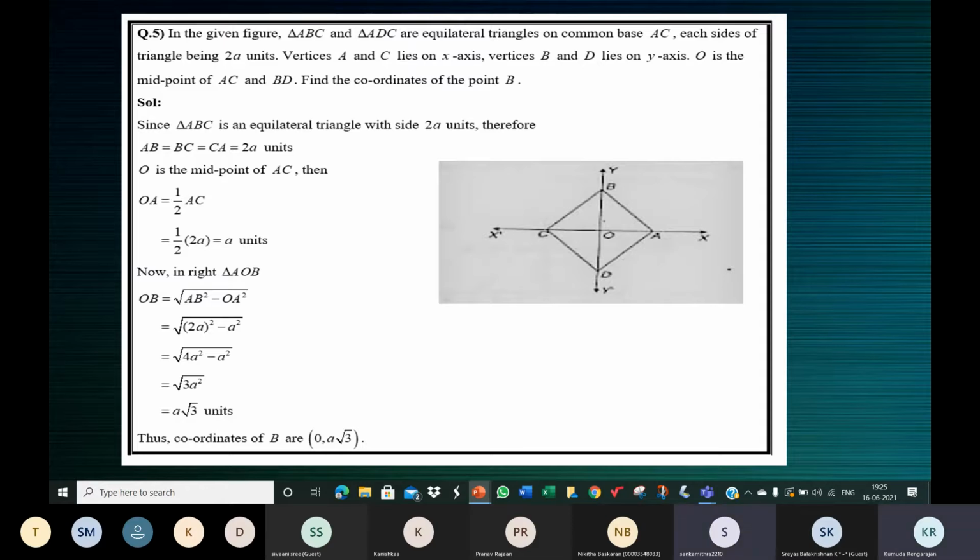Sangamitra, please come again with your answer. What will be the coordinate of A and C? Coordinate of vertex A will be root 3a comma 0, and for C it will be minus root 3a comma 0. I have a different answer in my mind.